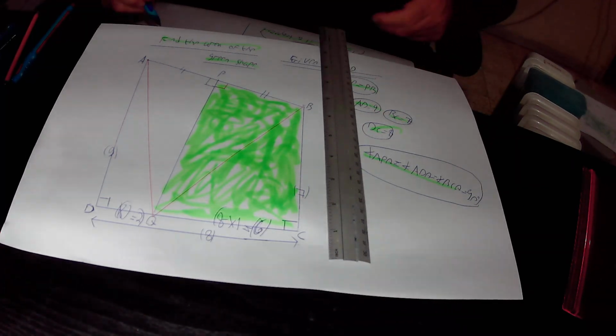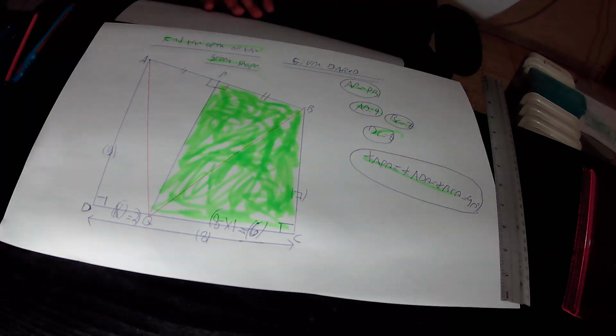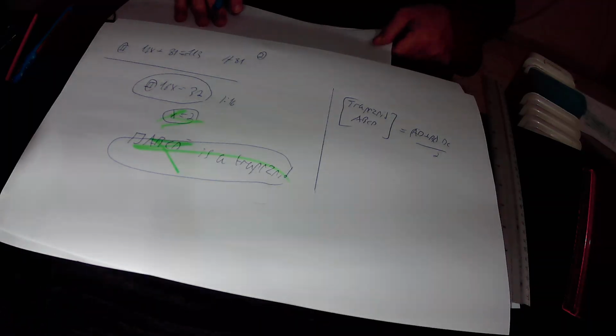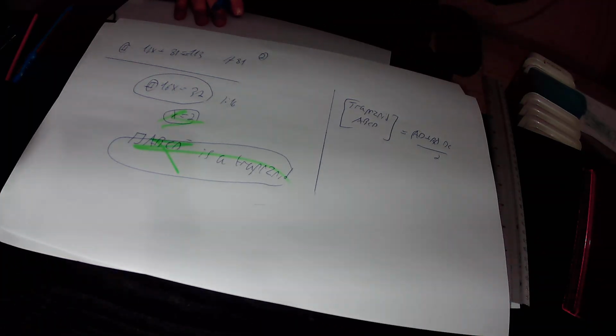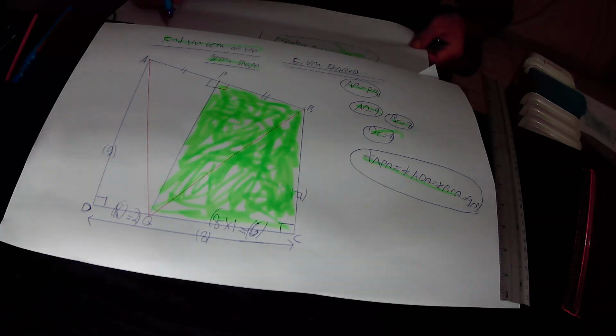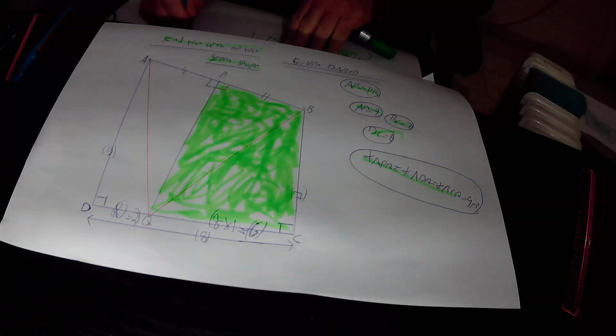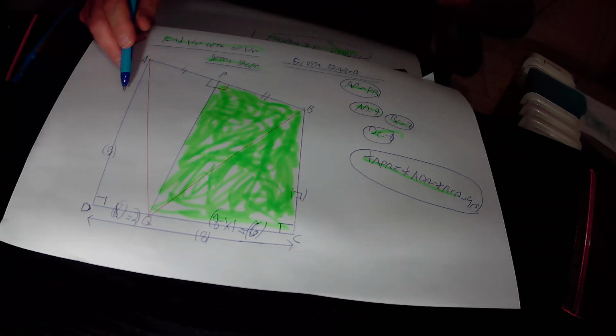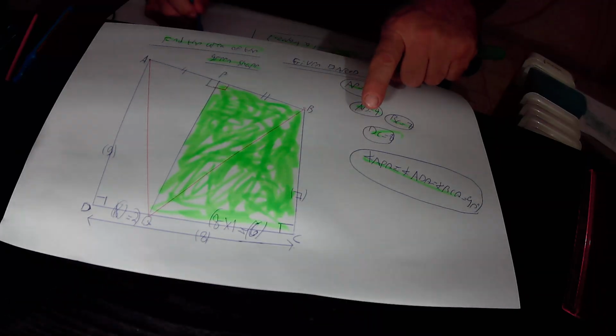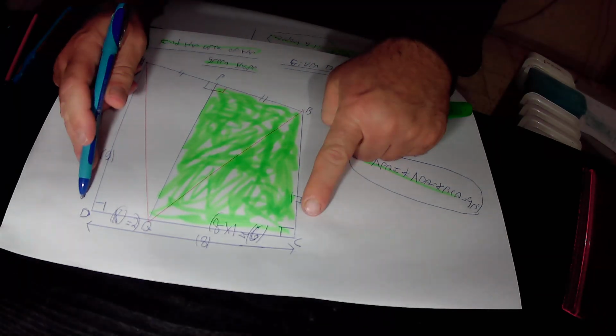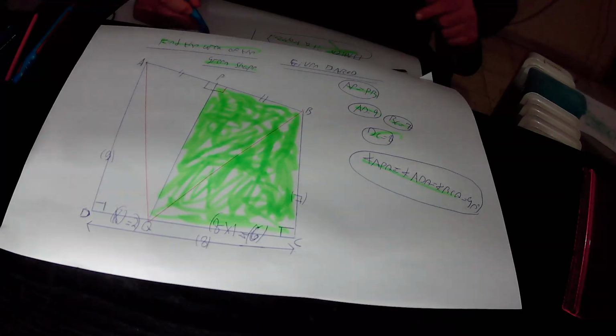AD equals 9, BC equals 7, the height DC equals 8, over 2.